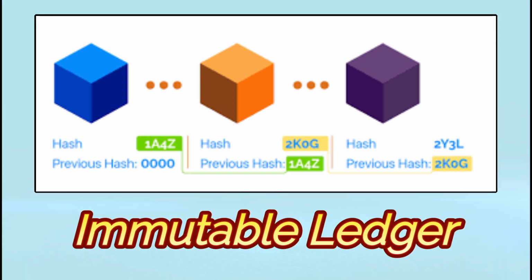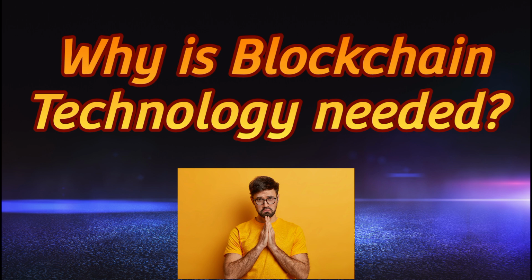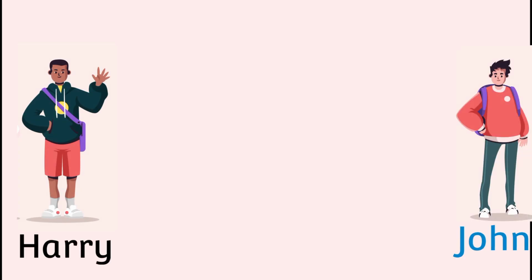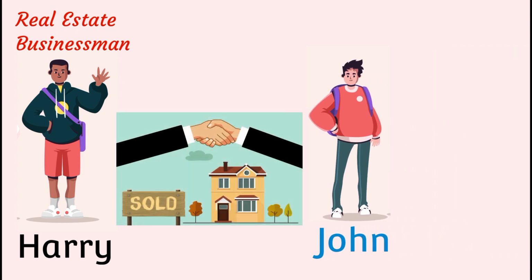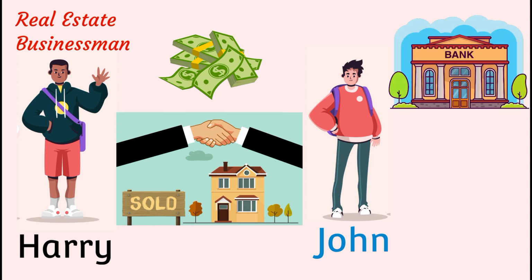You might be wondering why blockchain technology and its features are needed these days. To understand this clearly, let's assume that there are two persons, Harry and John. Harry is a real estate businessman who makes a property deal with John. Now John has to pay the amount for the property he bought. Here a third party, let's say a bank, is needed to record the transaction, making a ledger of the deal for both of them.